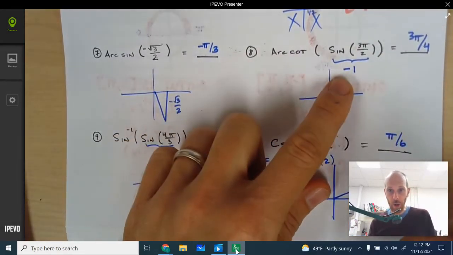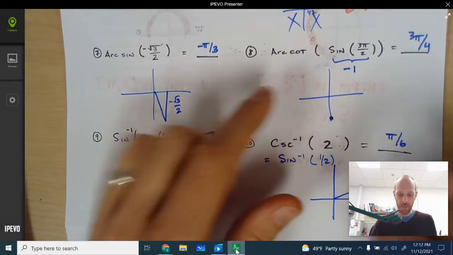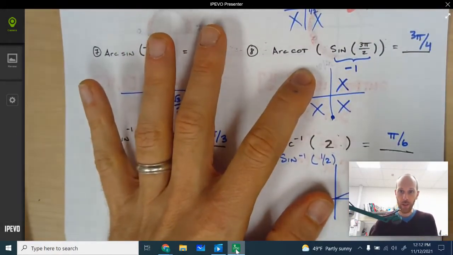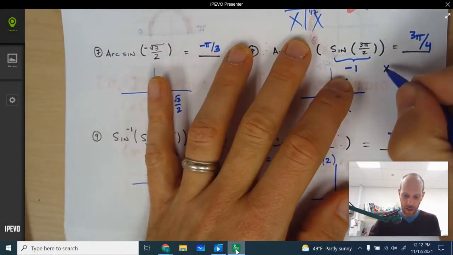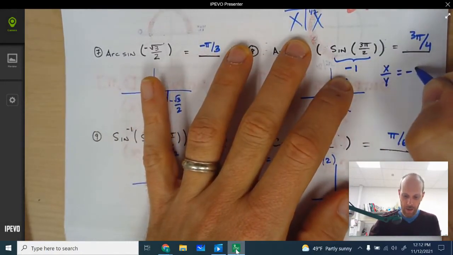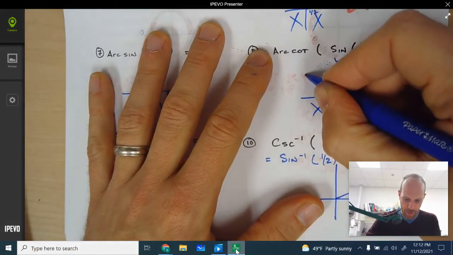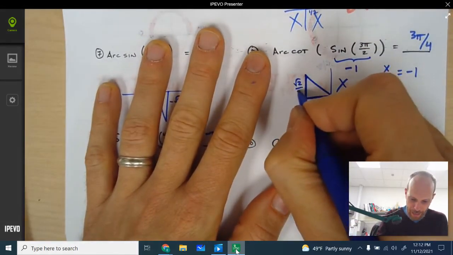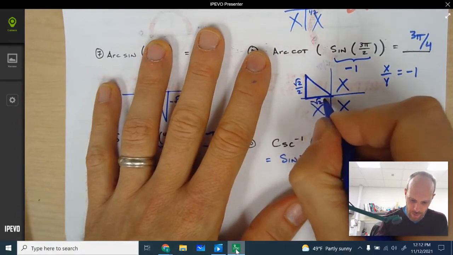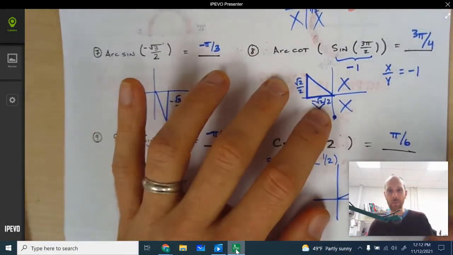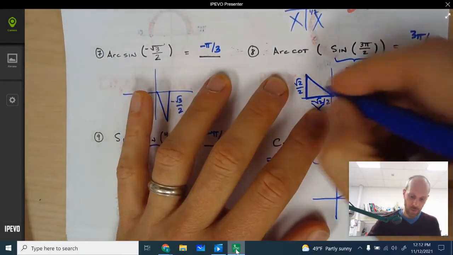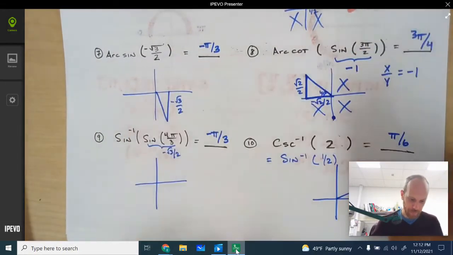And then the arc cotangent of negative 1 would be up top, in the second quadrant, because this is saying x over y is negative 1, which means that it must be this angle right here where y is positive and x is negative, but they have the same size. So that would be at 3 pi over 4 since this is 45 degrees.